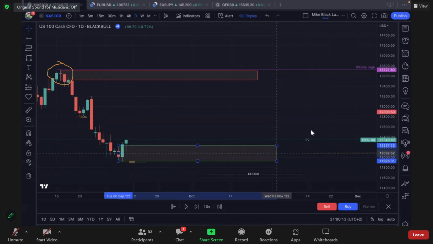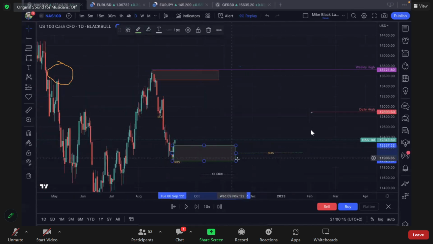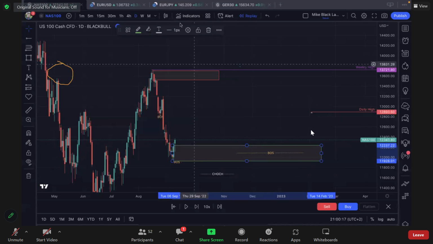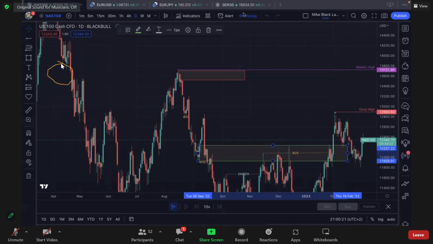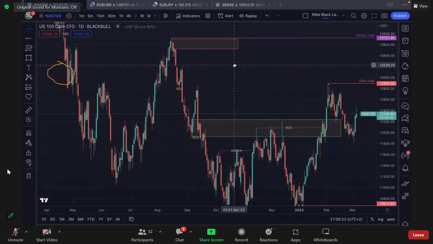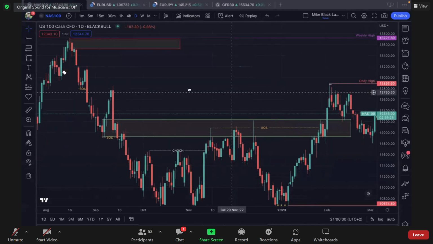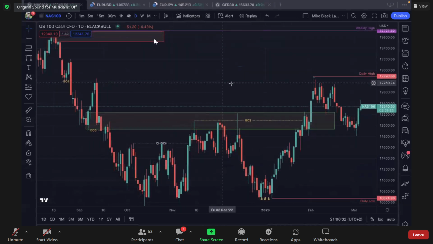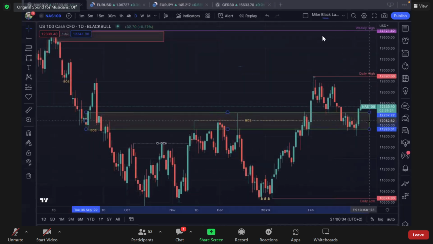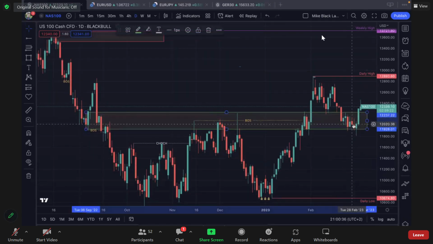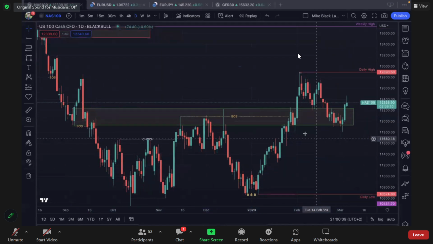I want you guys to see this demand to supply flip. Can you see there was a demand flip to supply? And then it was actually flipped to demand again, which is very interesting.